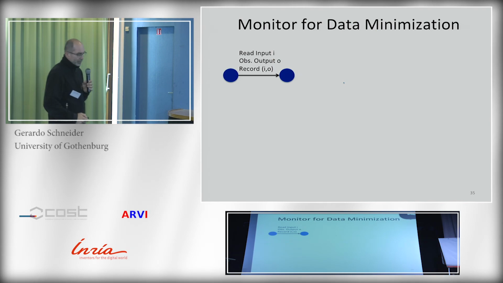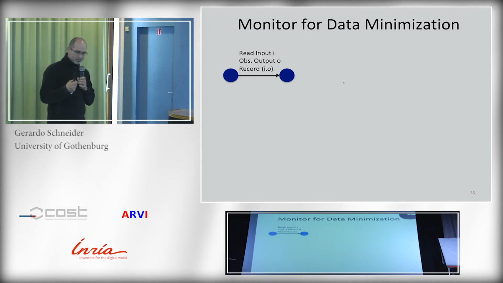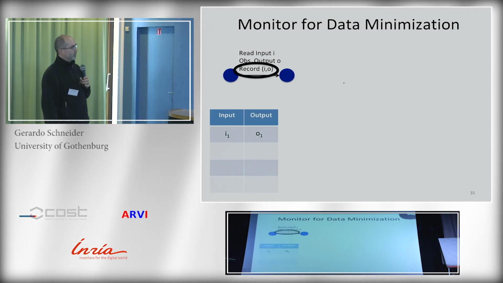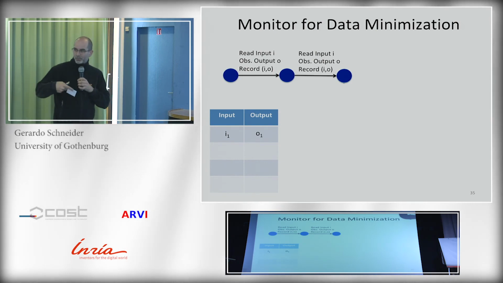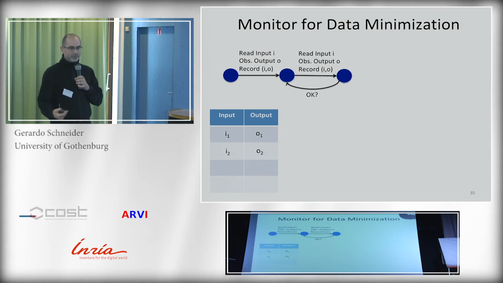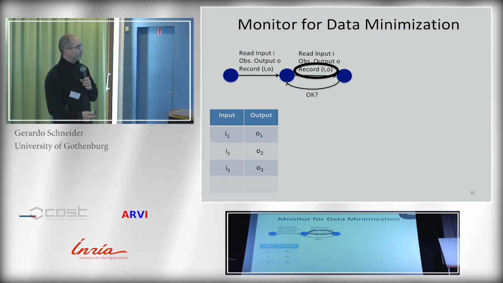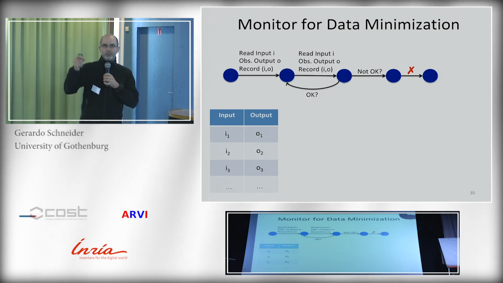So, what is the monitor? The monitor is very simple. You read the input, observe the output, and record this in a table. Remember, the program is in a loop, so you do exactly the same. If it is okay, you continue. If it's not okay, then you say you have a violation.